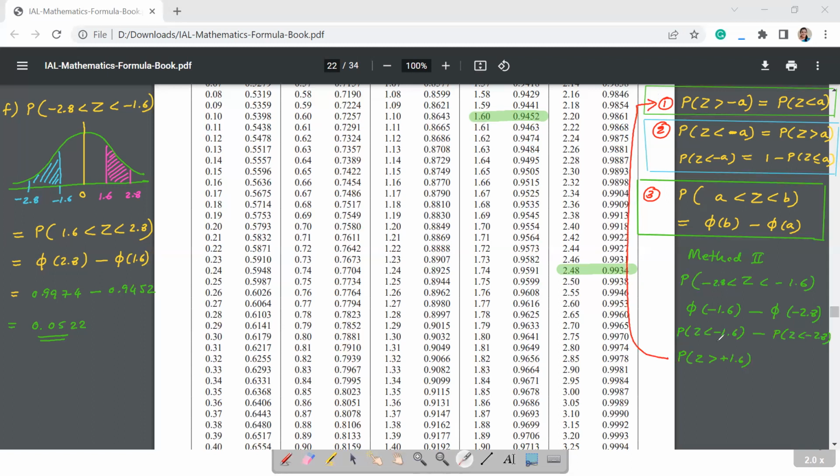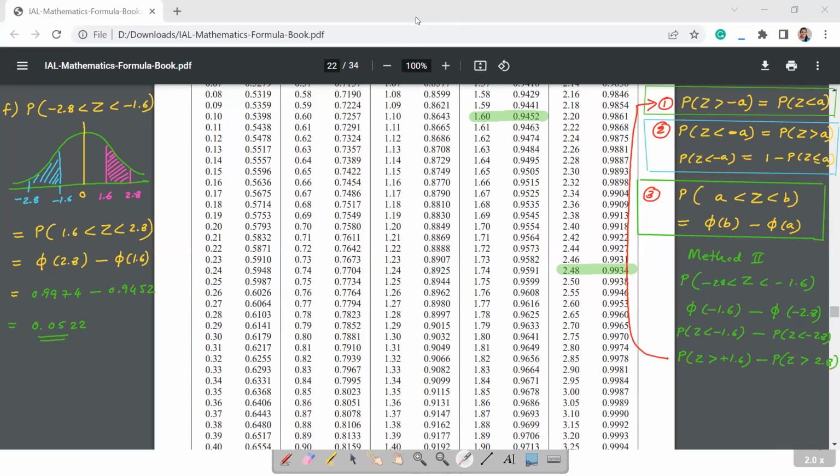Because if you have less than when you're working with negative figures, you can convert negative to positive simply by changing the inequality and changing the sign. And over here also, the probability Z is less than minus 2.8, again using rule number 2, becomes Z greater than plus 2.8.